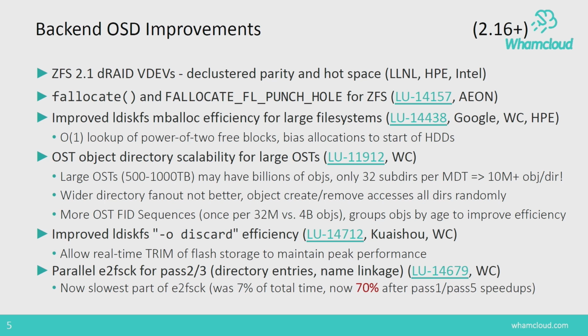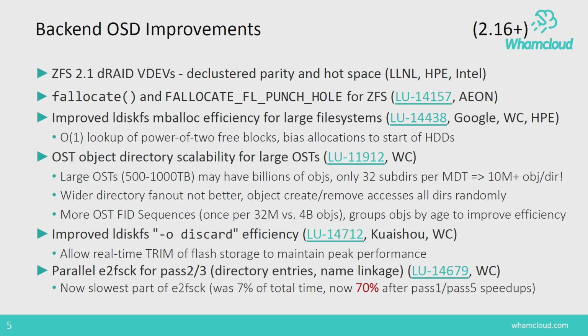The individual disk sizes are growing, and in order to keep the rebuild time constant, you have to increase the number of drives in a declustered RAID group, and combining that is exponentially growing the size. So we're targeting 1 petabyte OSTs, but it's entirely likely that we will need 2 petabyte OSTs in a year or two.